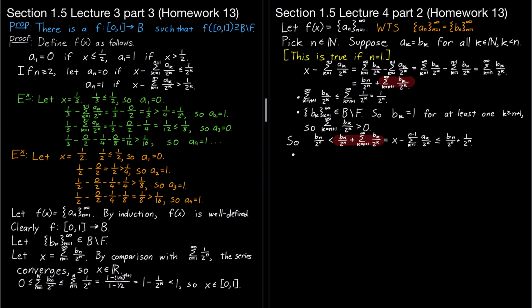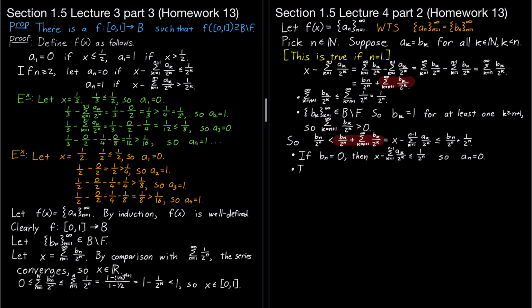So then, if b_n equals 0, then x minus the partial sum from 1 to n minus 1 of a_k over 2 to the k is less than or equal to 1 over 2 to the n. So a_n is also equal to 0.